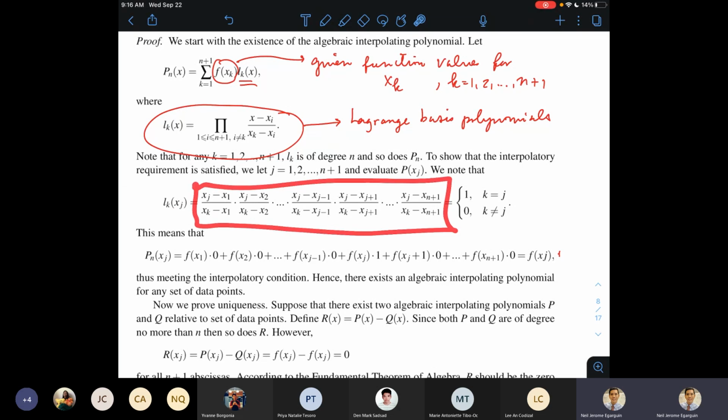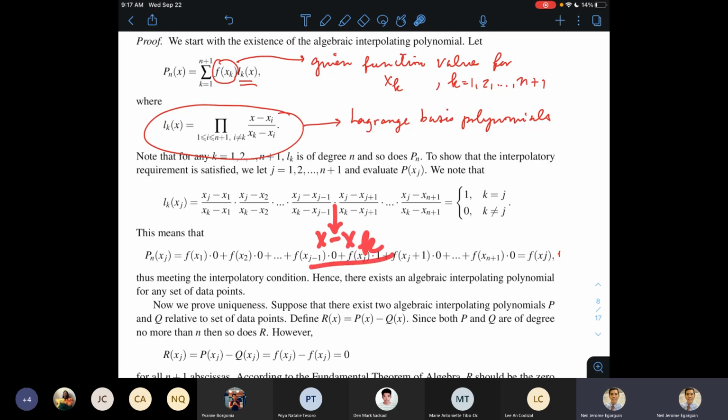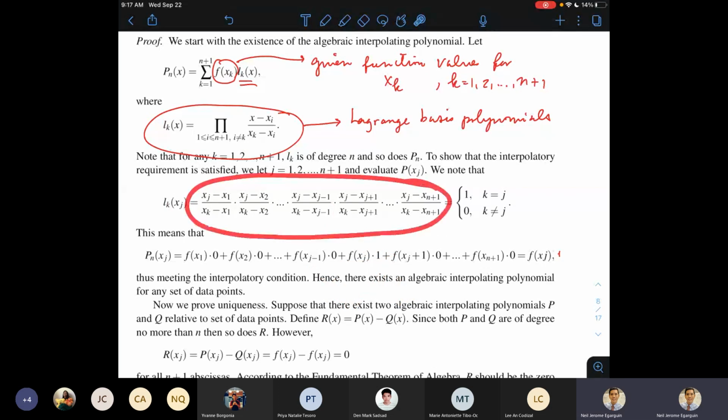Wala ka lang factor of the form x minus xk over xk minus xk kasi mag-zero yung denominator. Alright? So what I did here is kinuha ko lahat ng posibleng factor pero hindi kasama si x minus xk kasi yung denominator niya magiging xk minus xk. Tapos pinlugin ko lang si x sub j. Right? And then let's try to compute what this function value is.